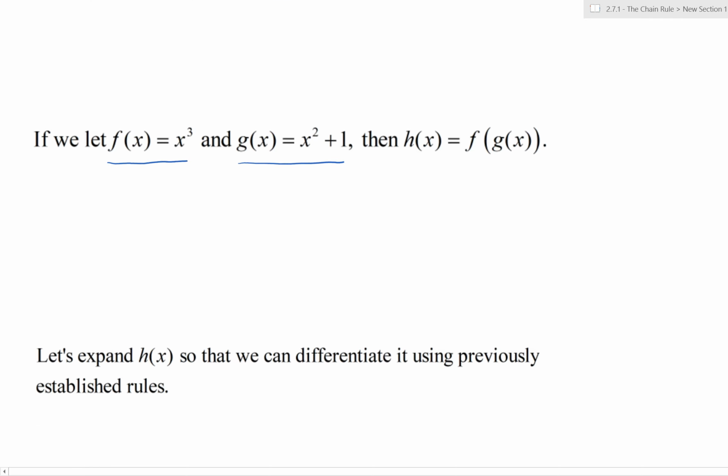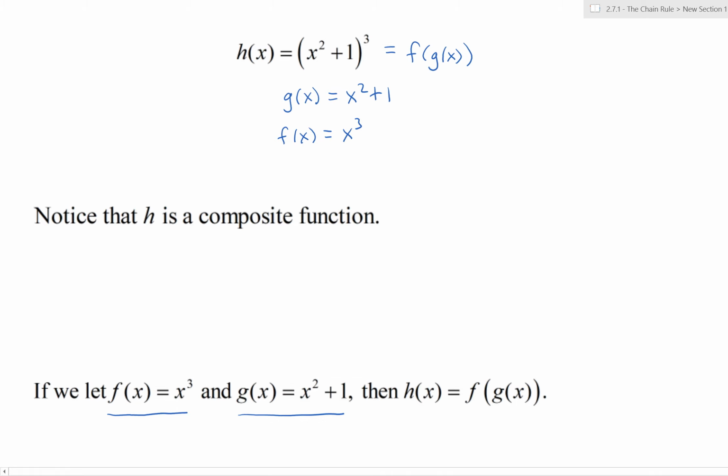However, we do have previously established rules, in particular the power rule and the derivative of a sum of functions. So what we're going to do is expand the function h of x. Right up here again, the quantity x squared plus 1 cubed, I can multiply that all out and I'd have a polynomial function. I could differentiate it that way, and we can see what happens.